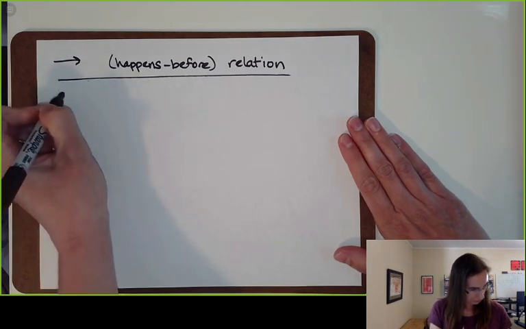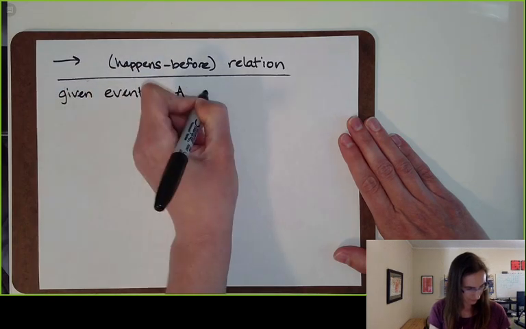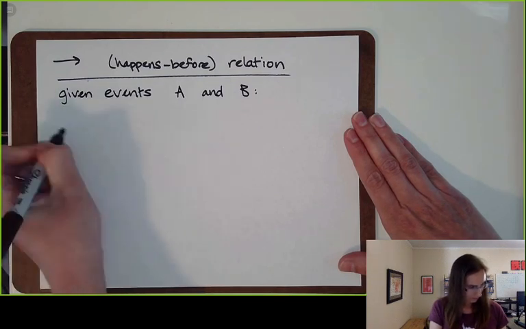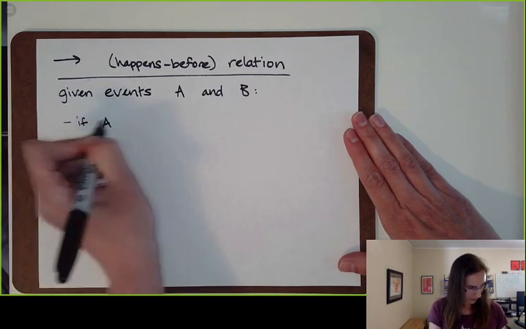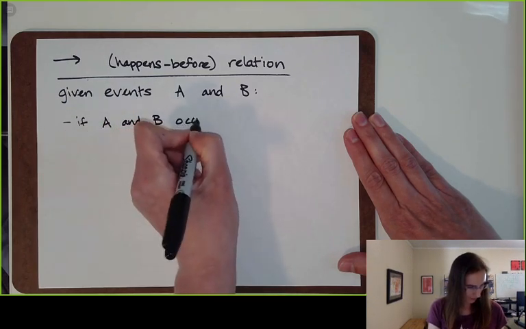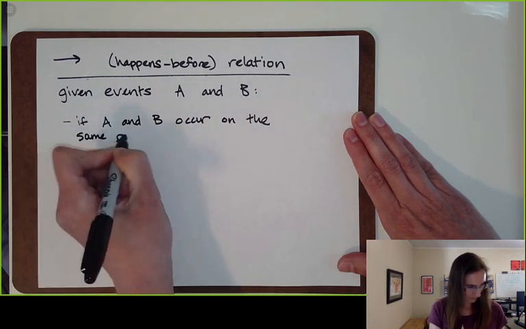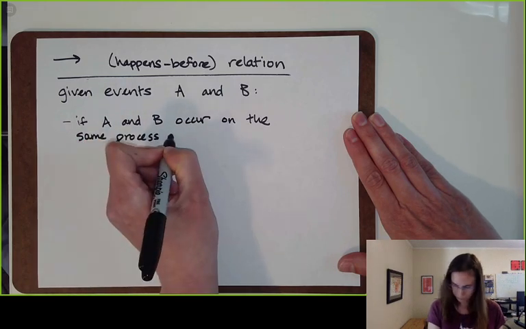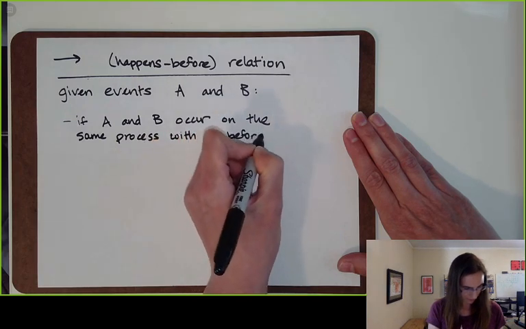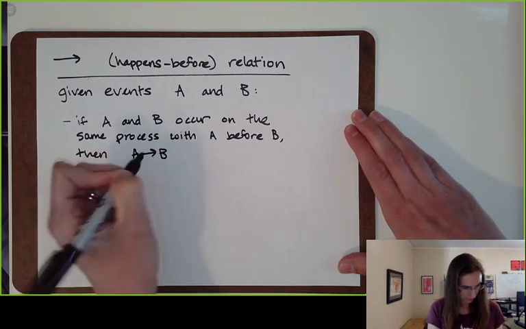We'll talk about two events A and B. If A and B occur on the same process, with A before B, then A happens before B. So that would be like this, right?